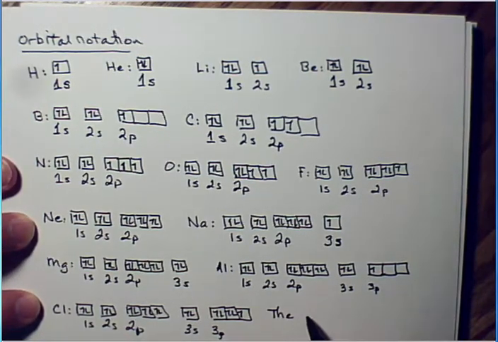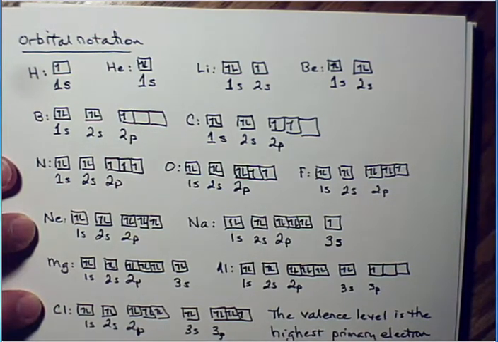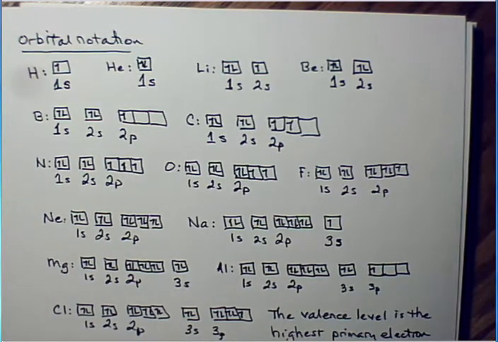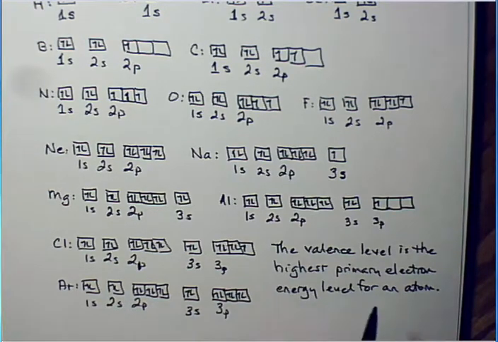A valence level is the highest primary electron energy level for an atom.